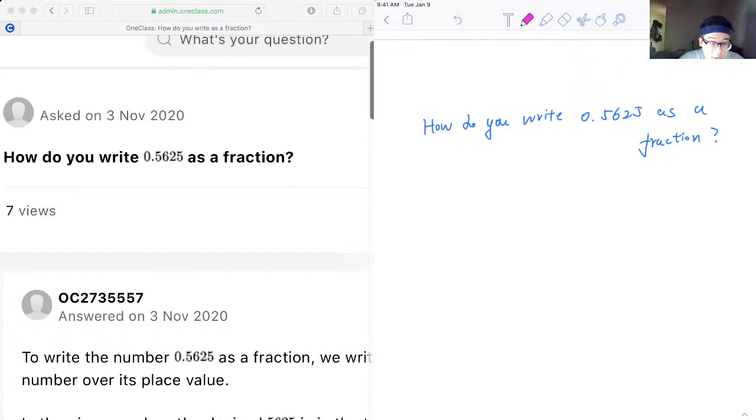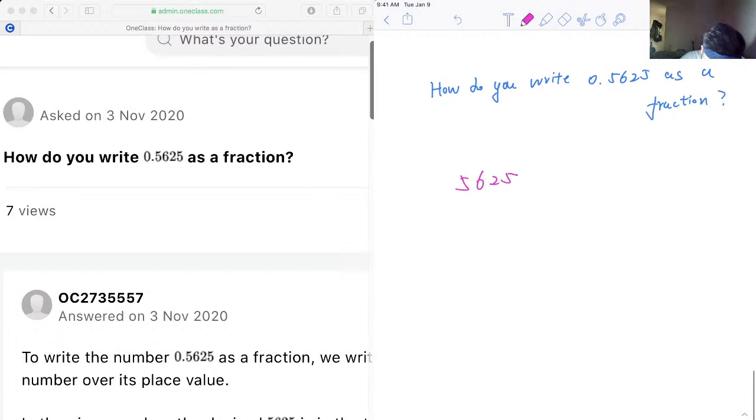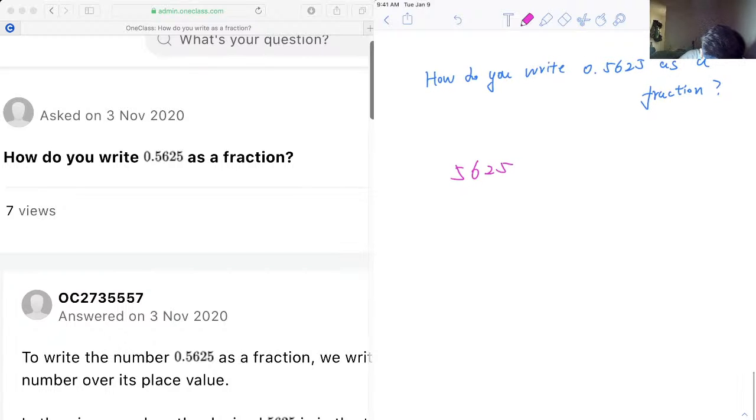So in the given number, the decimal 5625 is in the 10,000th place, which means we can rewrite it as 5625 over 10,000.